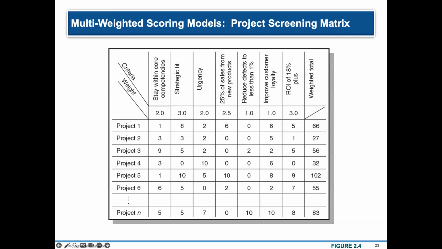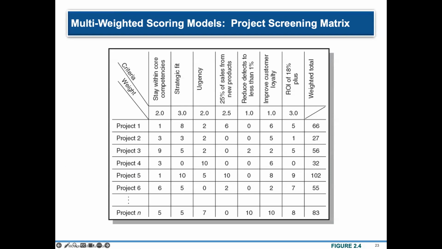So, if you have multiple projects in the pipeline, you still need to screen them according to priority. And the multi-weighted scoring model allows us to see in a better light how the project would bring value to the organization in terms of its current goals.